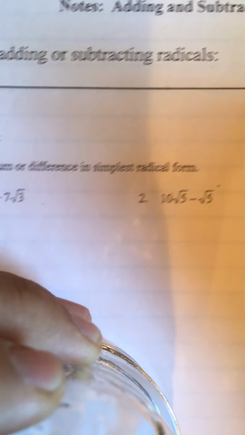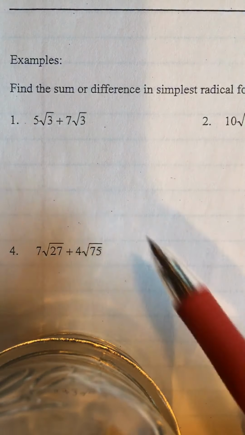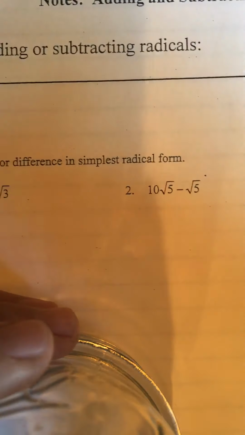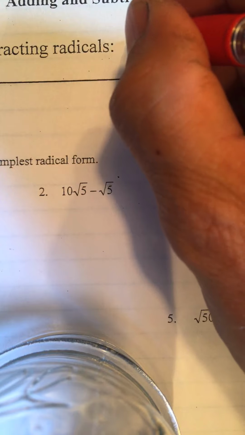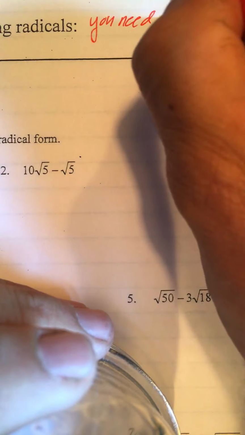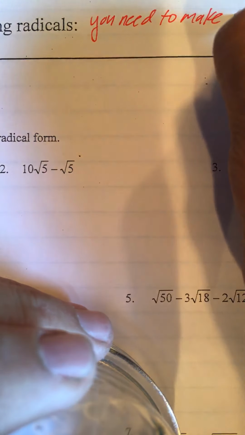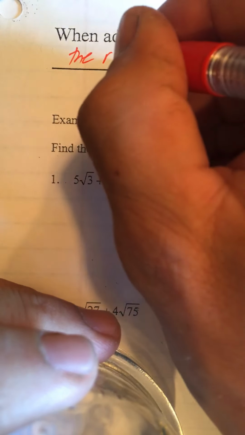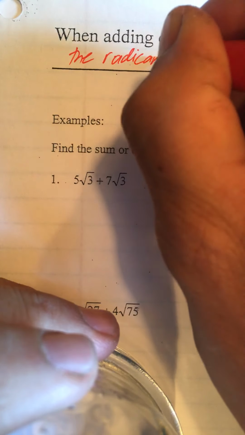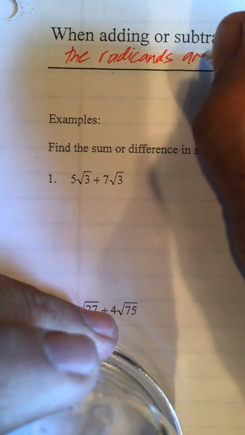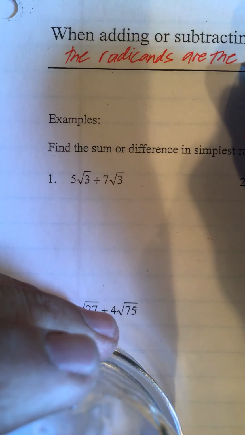So when we have radicals that we want to add or subtract, like we could see down here below, the rule of thumb is when adding or subtracting radicals, you need to make sure the radicands, that's the number inside the house, are the same.